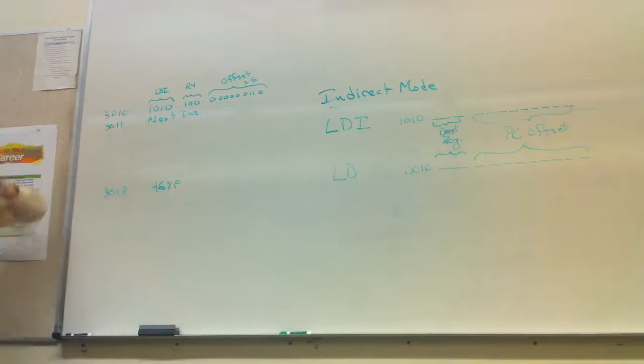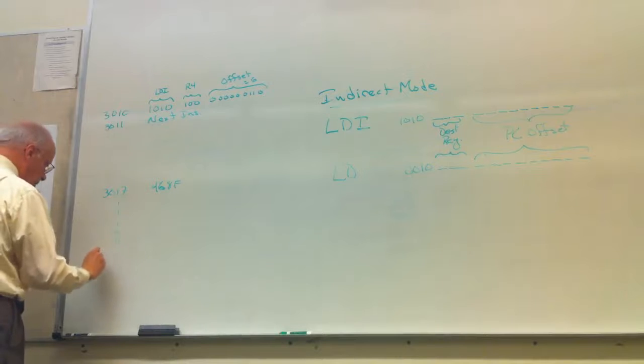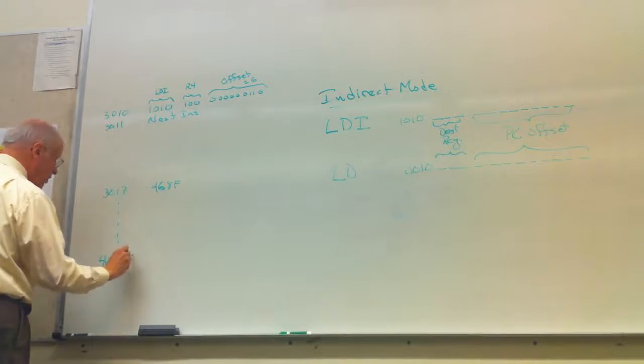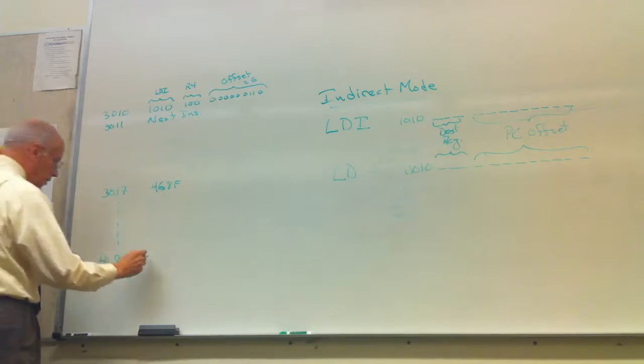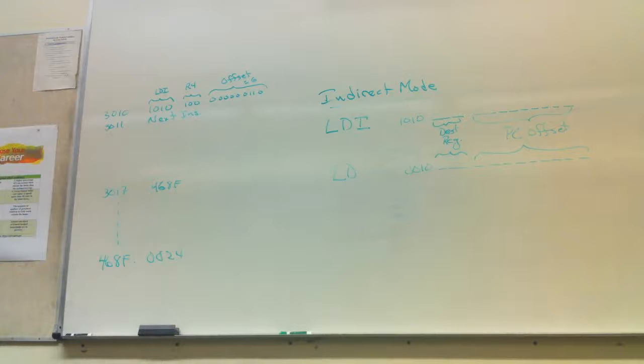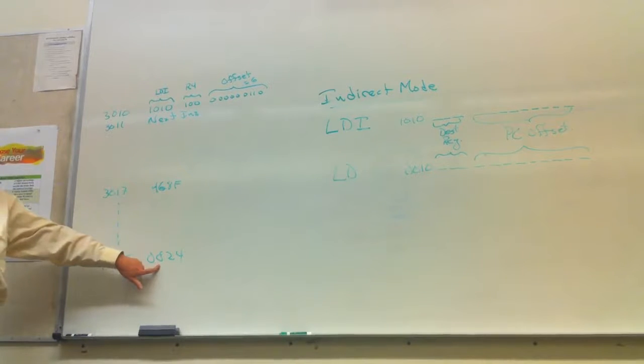Suppose that's what's in that memory location. Then way down along the line at memory location 468F, we have 0024. Okay, what actually gets put into register 4? This thing.